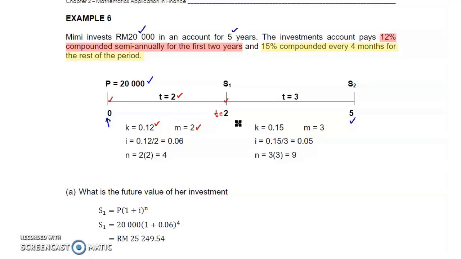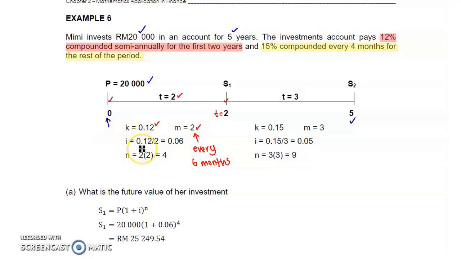Semi-annually means the interest period is every 6 months. So here you need to find the interest rate for each interest period. K is the interest rate for 1 year, now the interest period is 6 months. So every 6 months, how many percent? That refers to value I.